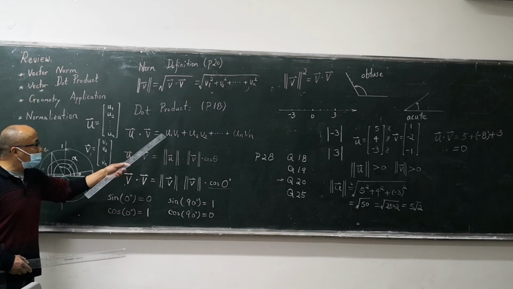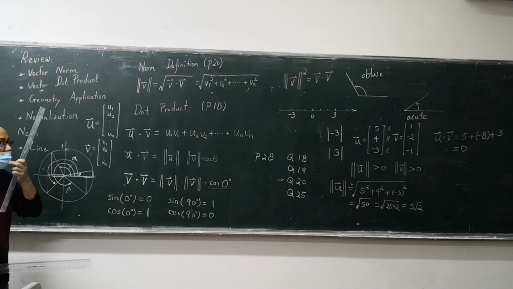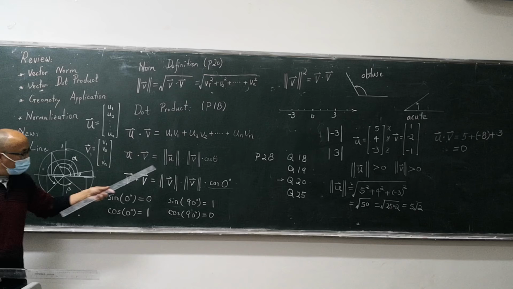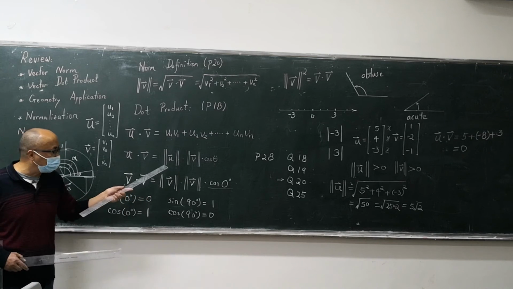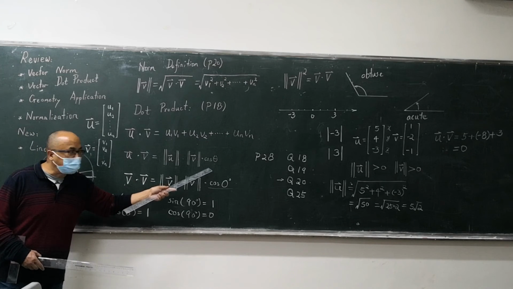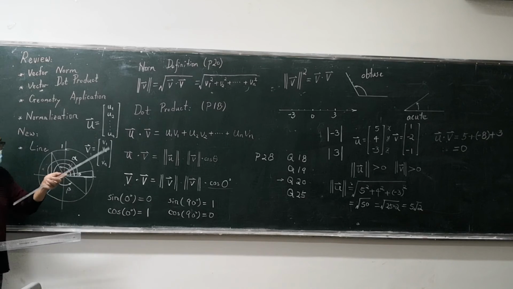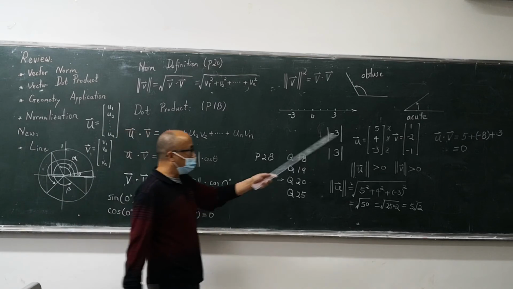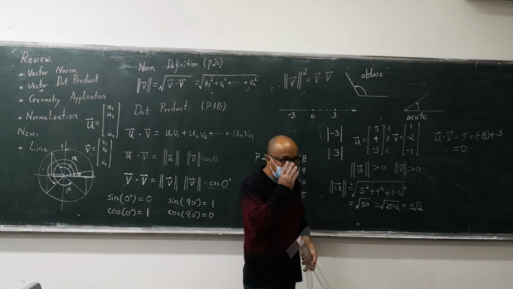If the dot product is positive, and this is the absolute value of the vector, then this is positive, a beautiful angle like that, acute, less than 90 degrees.